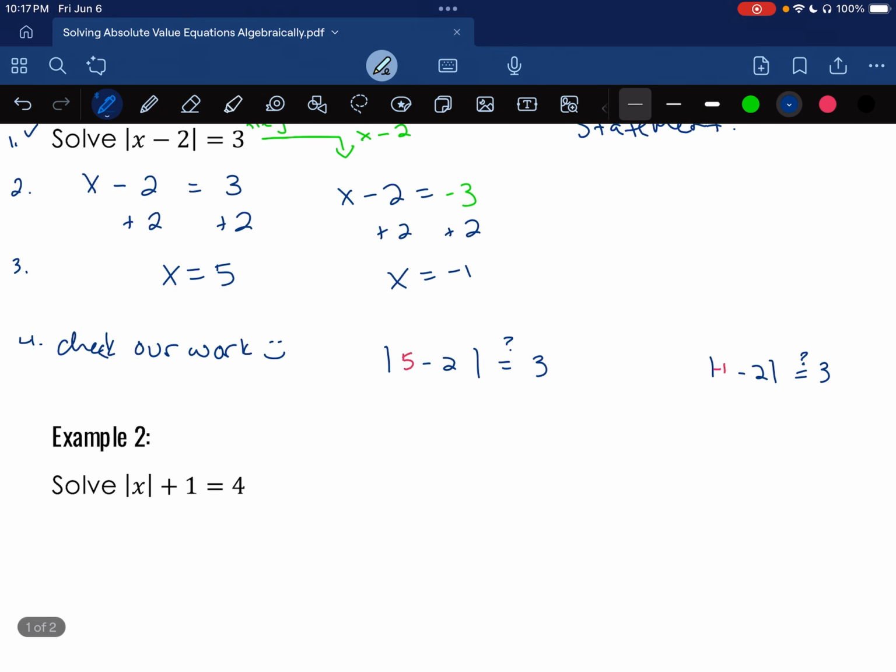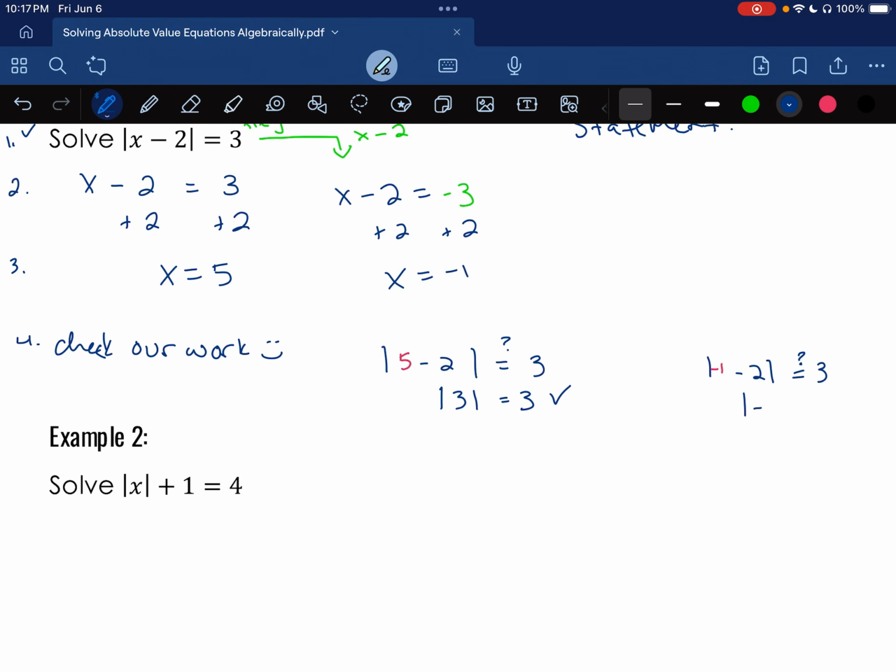So over here, 5 minus 2 is going to be 3. So the absolute value of 3 on the left-hand side. And you know what? That is equal to 3. So that means that 5 works as the solution. Now over here, we'll get negative 3. And you know what? The absolute value of that is 3 as well. So good news, they both work. And you can box them up separately or together, whatever floats your boat.